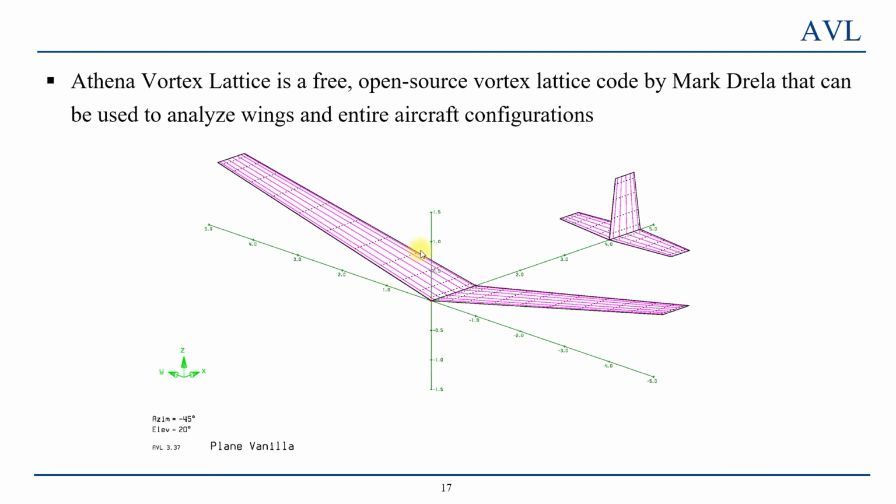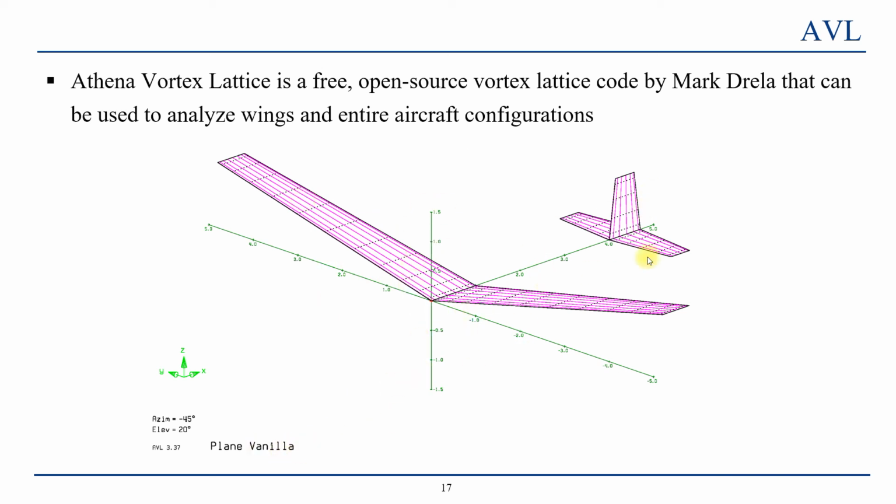So the Athena Vortex Lattice is a free open source vortex lattice code by Mark Drela that can be used to analyze wings and entire aircraft configurations. And this particular geometry is actually a sample geometry that is provided by Mark Drela, and the name of this is called Vanilla.